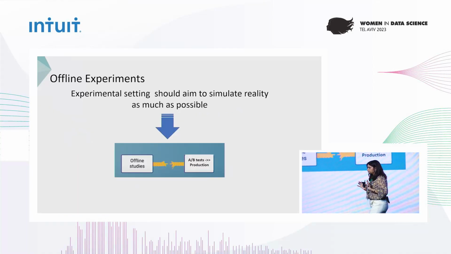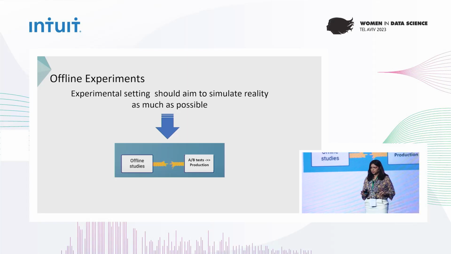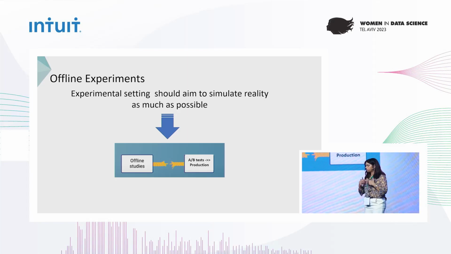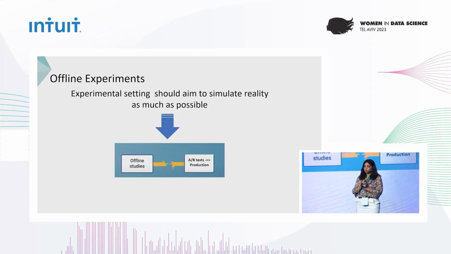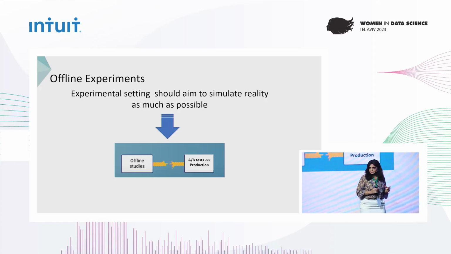So the first idea is that we have to make sure, or to have high probability that offline studies will correlate with online study, we need to try to make sure that our experimental setting simulate reality as much as possible. Of course, it's never 100% the same, but it should simulate as much as possible.